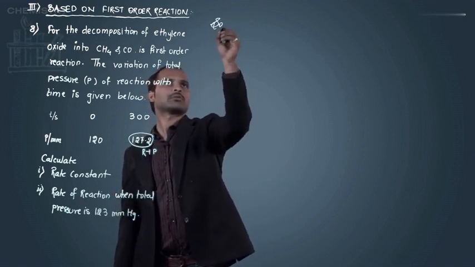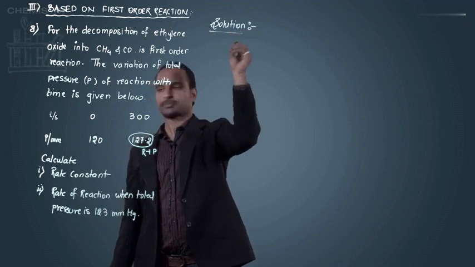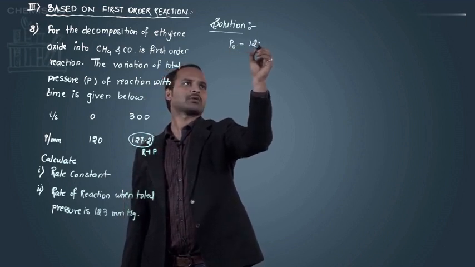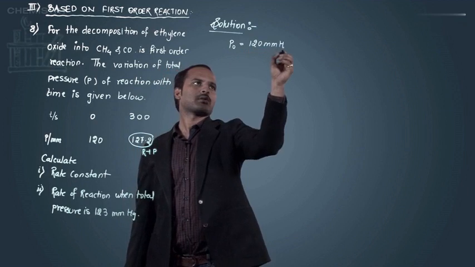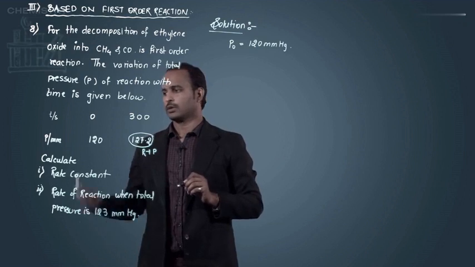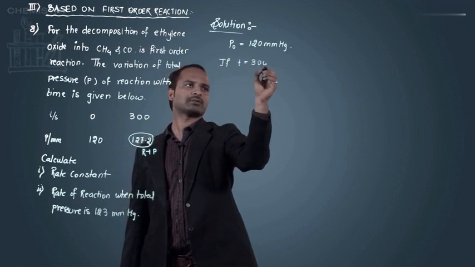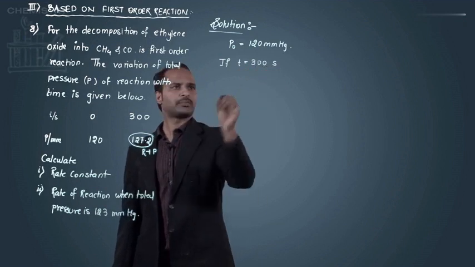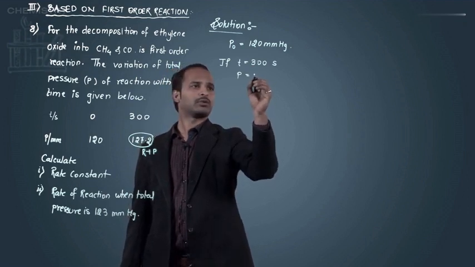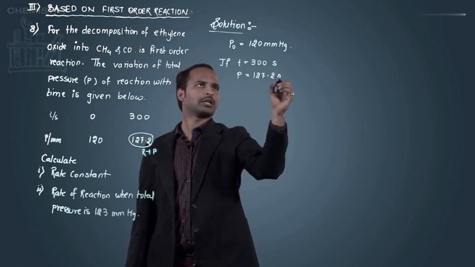So what things are given? The P naught is given, that is the pressure at 0 time or 0 second, and if time is 300 seconds, then pressure is 127.2 millimeter.